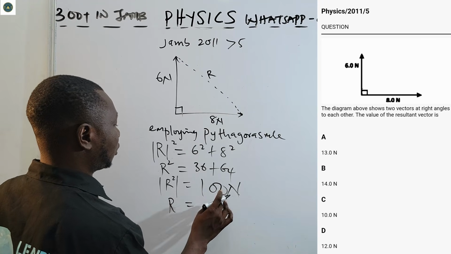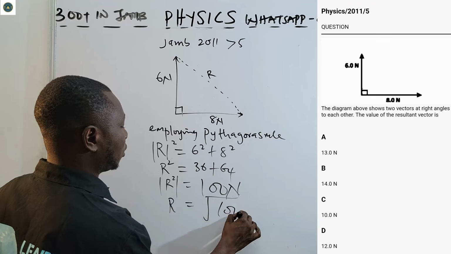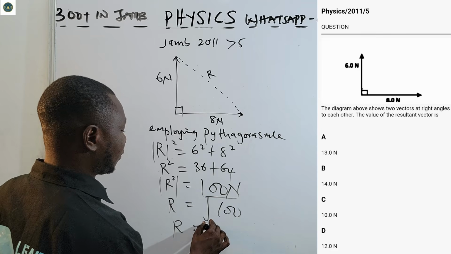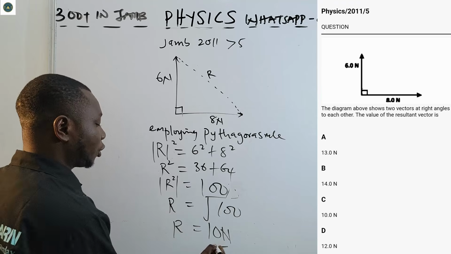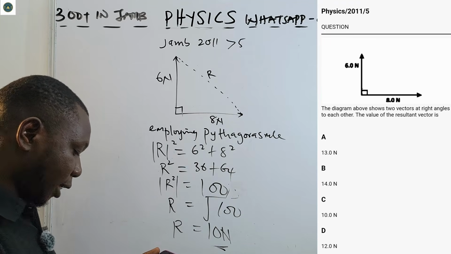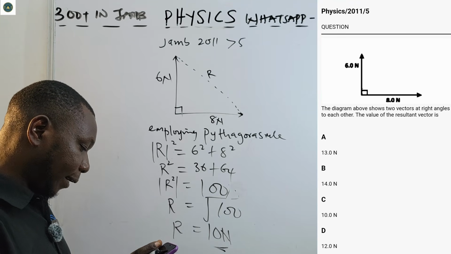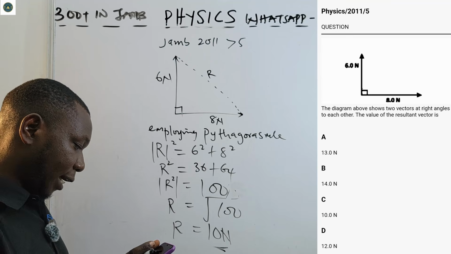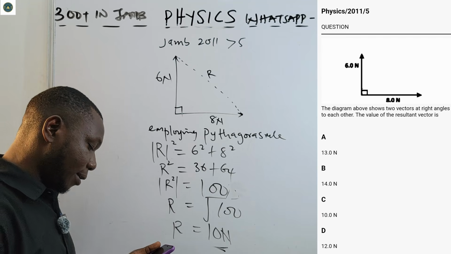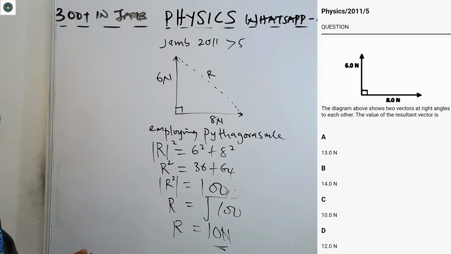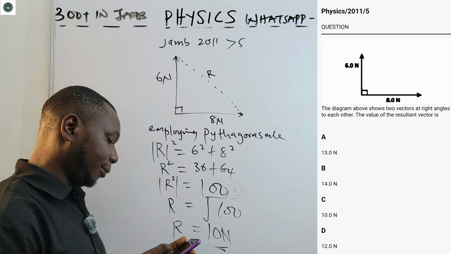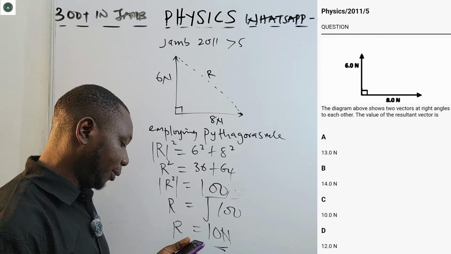So R is square root of 100. So you have 10 Newton. So the resultant is 10 Newton. So the option there is C. A is 13 Newton. B is 14 Newton. So the answer is C.